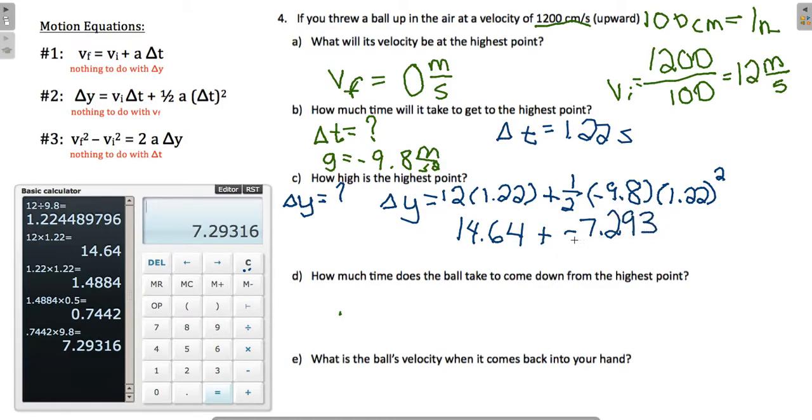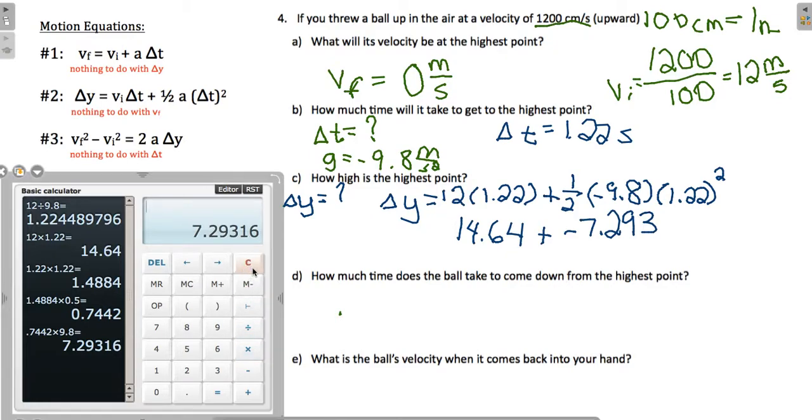That'll be good enough. Your final answer is adding those two together. So we have a positive 14.64 and a negative 7.293. So in the calculator, the way I'll write that is 14.64 minus, because I'm adding a negative, 7.293.